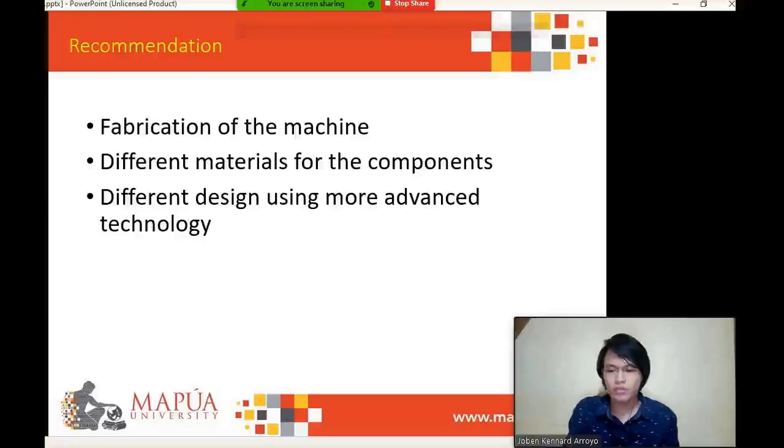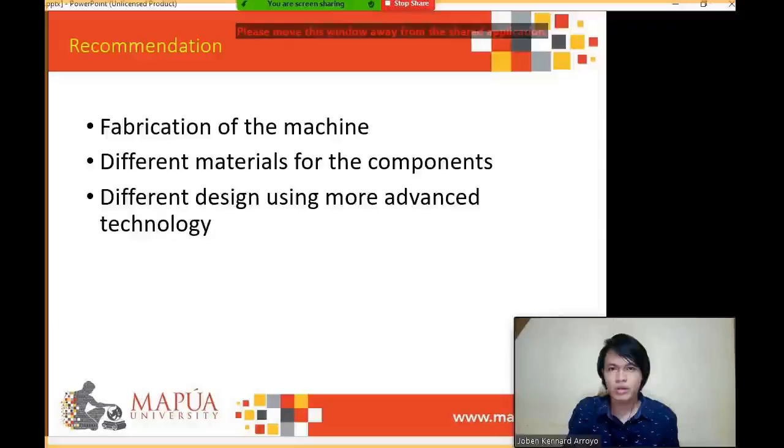Different materials for components that are under stress, such as the shaft and gears, could also be considered to make the fabrication of the machine cheaper. Future researchers could also use a different design for this kind of machine to further show the feasibility of this technology.